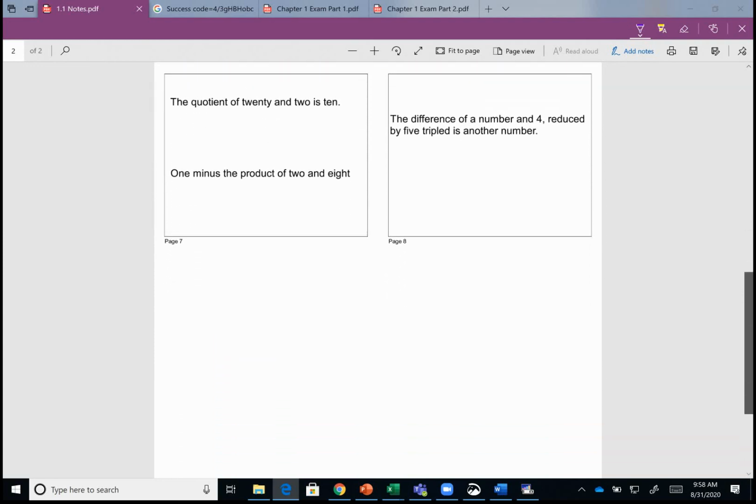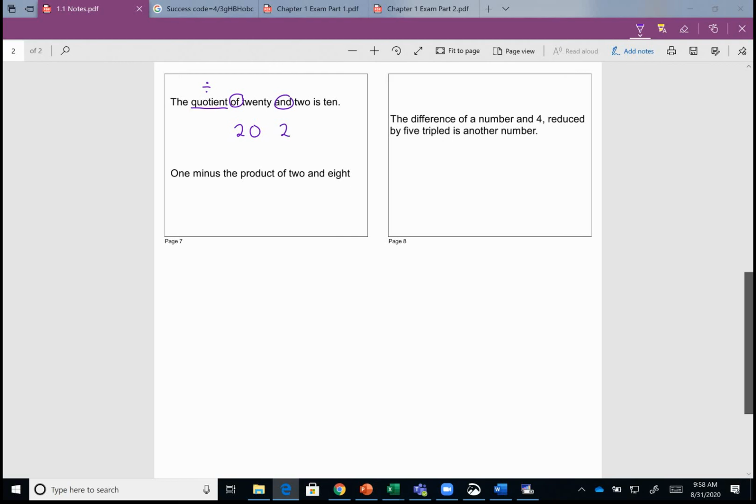Our final few examples, we have the quotient. Quotient means division. And again, we see of and we see and, but in this case, of and, they're not meaning any operations. Of is not meaning times, and is not meaning to add. We only have 20 and 2.